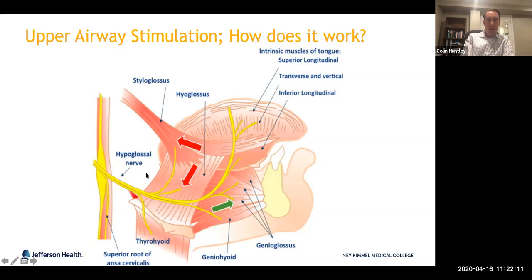So, about the different devices we've already talked about, the Aurora 6000 cuff is placed further back on the nerve, back in this area. So you're not necessarily selecting out those protrusor branches of the tongue.